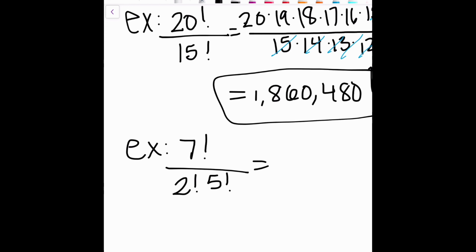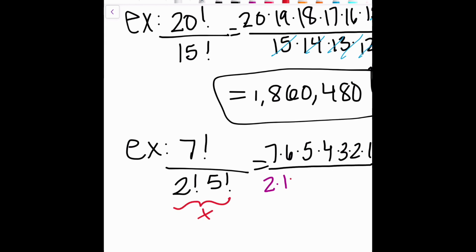So again, in my numerator, I have 7 times 6 times 5 times 4 times 3 times 2 times 1 over. Okay, 2 factorial is 2 times 1. 5 factorial, these are being multiplied together, the 2 and the 5. So this would be 2 times 1 times 5 times 4 times 3 times 2 times 1.